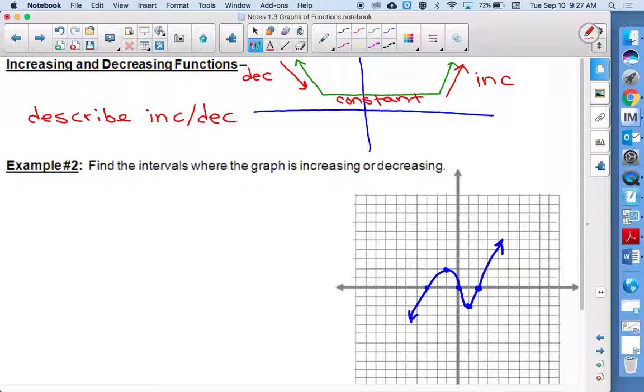We're going to be describing the increasing or decreasing intervals using the x or the horizontal distance. So I might be looking up and down because something is going up or going down, but we're going to be describing them as intervals using the horizontal distance or the x.